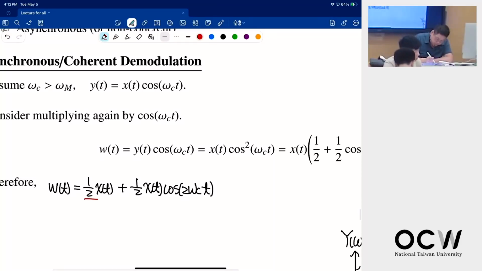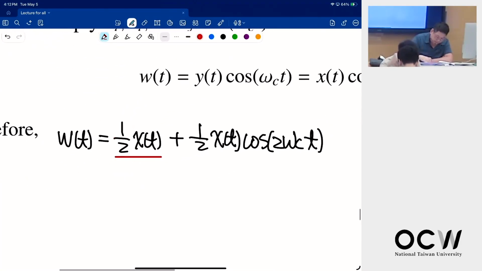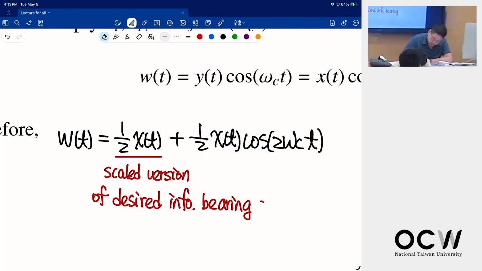The first one is the scaled version of the desired information bearing signal.